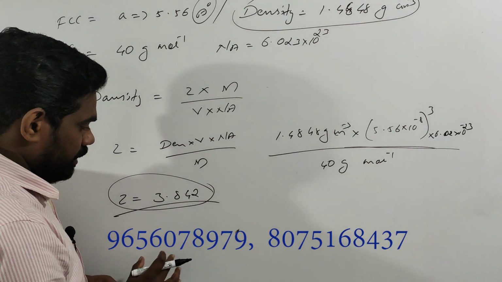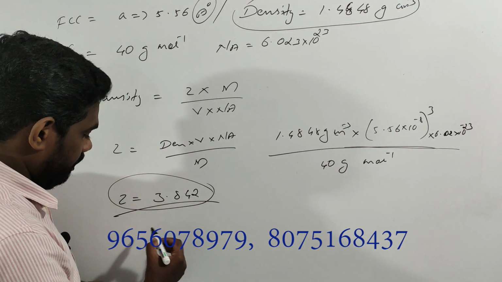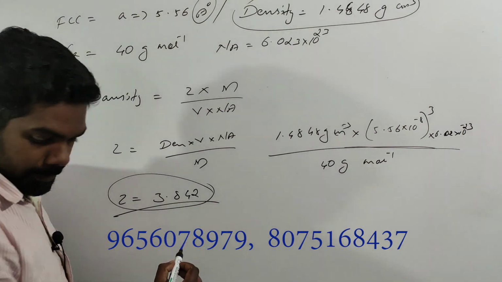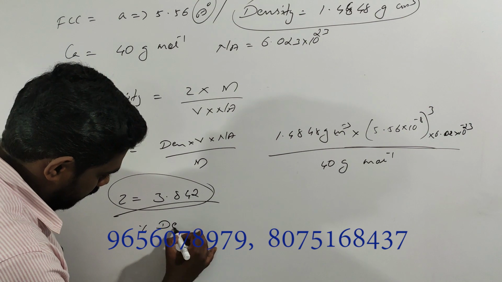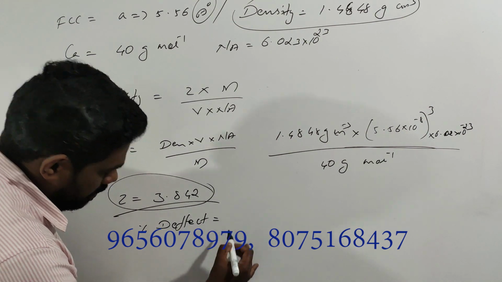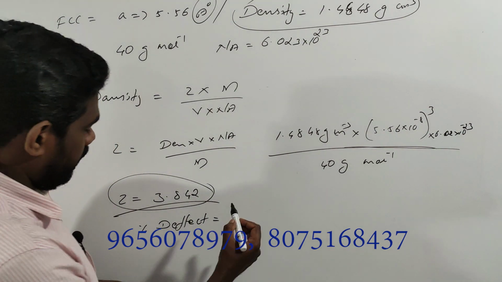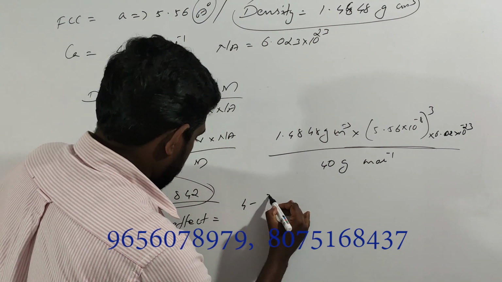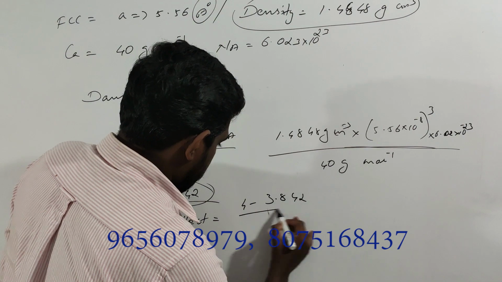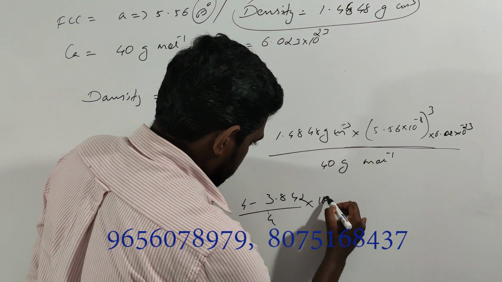So the percentage of Schottky effect can be calculated by, how can we calculate the percentage of defect? Percentage defect equal to 4 minus 3.842 divided by 4 into 100.